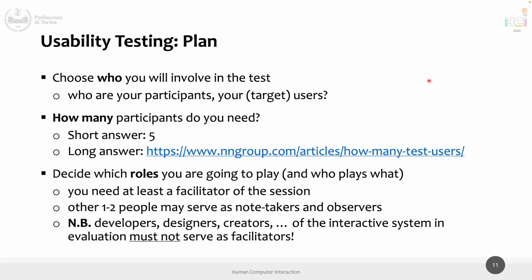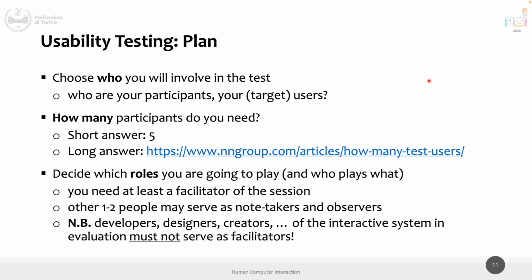Just keep in mind that 5 is a sort of magic number, good enough for qualitative, exploratory usability testing, but as the test becomes more and more quantitative and detailed, this number likely needs to increase to better represent the population you are going to use to test your prototype.